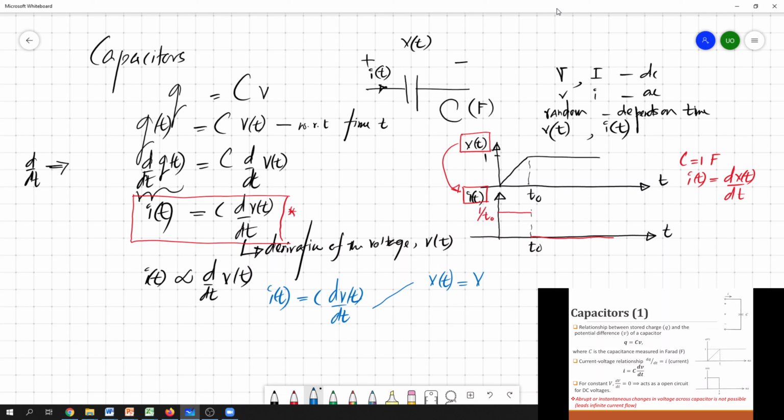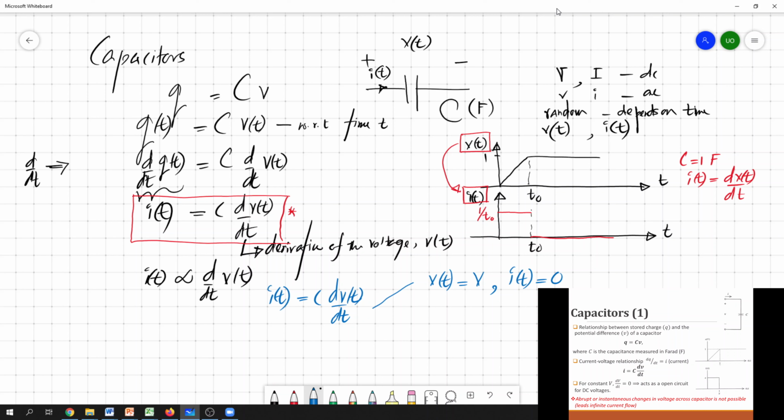From this basic definition, if V(t) is a constant, the derivative of the constant becomes 0. So then the induced current is 0 because the derivative would be 0. If the voltage is a constant, the derivative of the voltage is 0, so the induced current should be definitely 0.